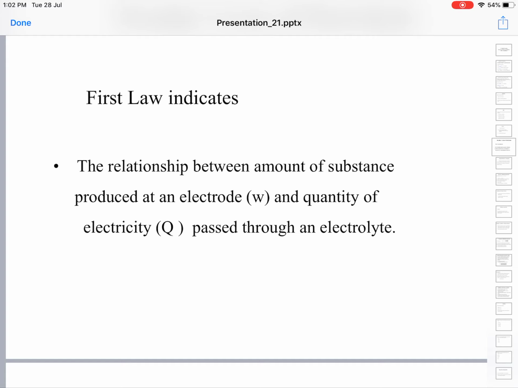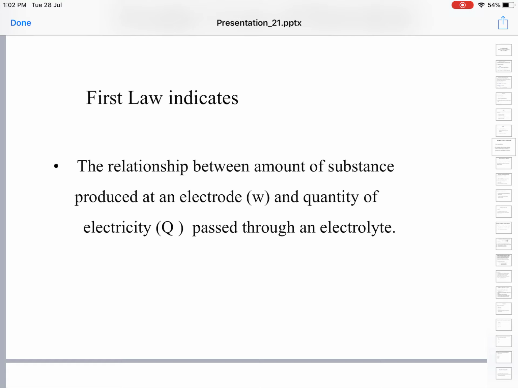He tried to establish a relationship between the quantity of electricity passed through the electrolyte solution and the amount of substances deposited or liberated at the electrodes.